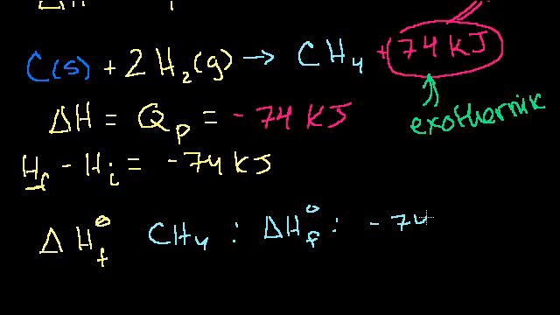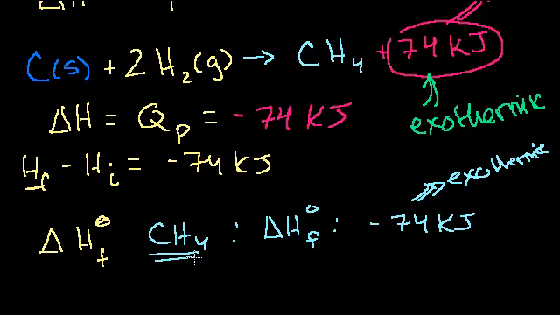It was minus 74 kilojoules, which means that if you form methane from its elemental building blocks, you're going to release 74 kilojoules of energy. This is an exothermic reaction. Because you released heat, you can also say that the methane is in a lower energy state, or it has lower potential energy than these guys did.